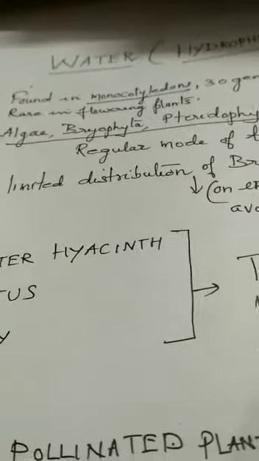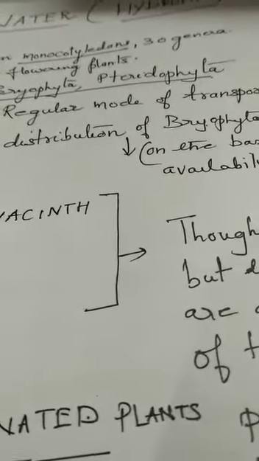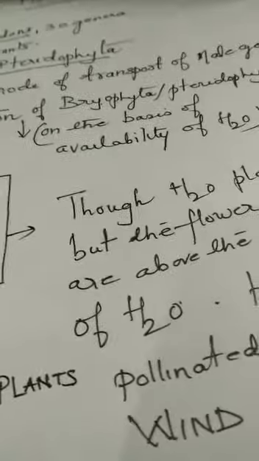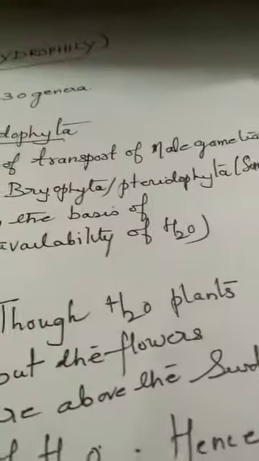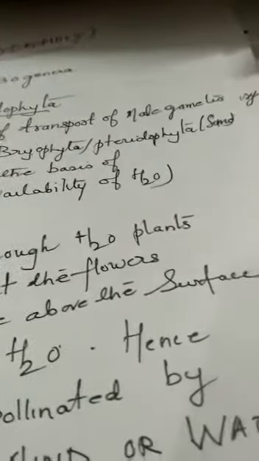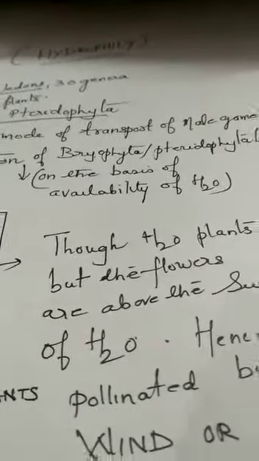And in lower plants like algae, bryophyta, pteridophyta, there is a regular mode of transport of the male gametes, and this is only possible through water. Moreover, you must have seen that there is limited distribution of bryophyta and pteridophyta, on the basis of the availability of water.